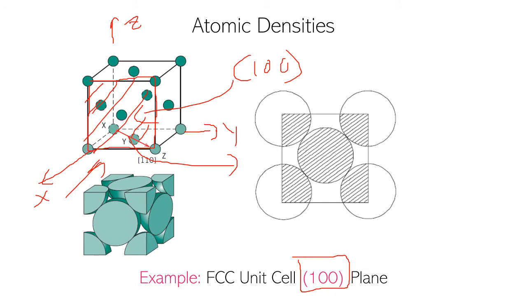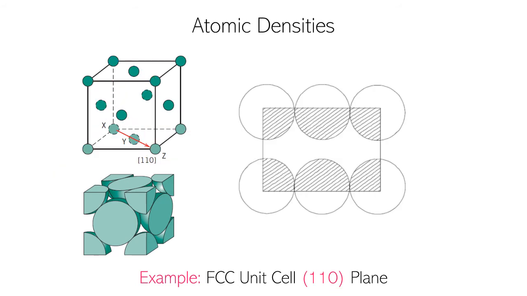As compared to another plane, maybe a 111 plane, I think I've shown this on the next slide. Sorry, this is the 110 plane. So again, this is x, y, and z.